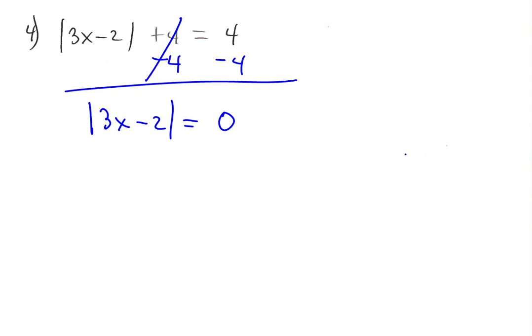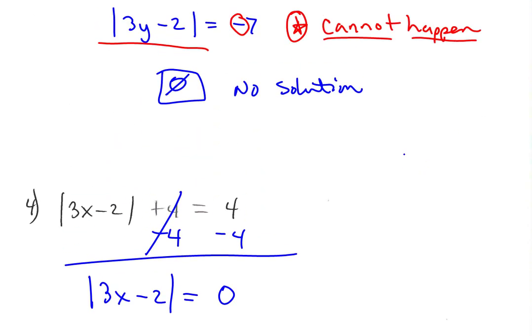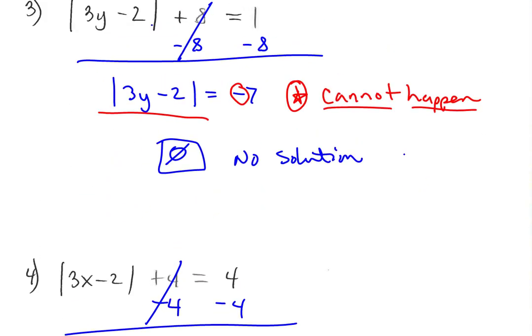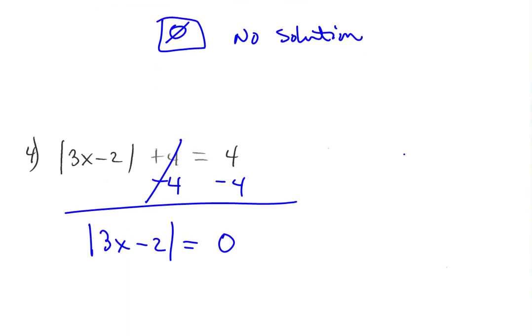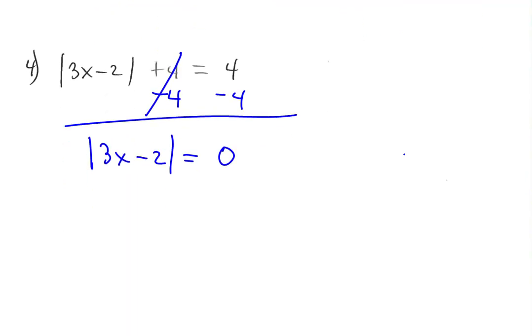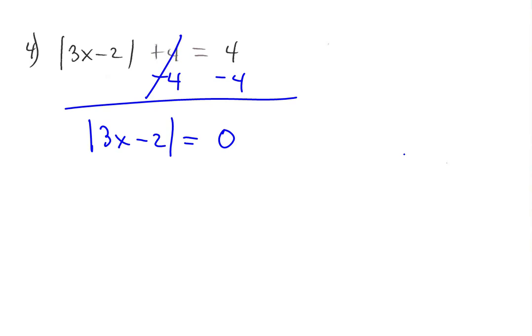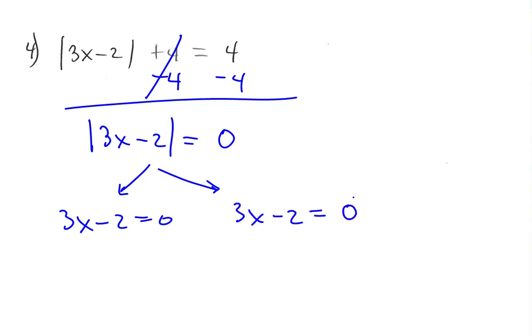Now, in the previous example, we said there was no solution because the absolute value could not equal something negative, and that's true. But in this case, we have the absolute value equal to 0. That's actually okay. But notice what happens here. If I were to try to split this one, it would become trivial. I would have 3x minus 2 equals 0, or 3x minus 2 equals 0. There's no way to say positive 0 and negative 0. 0 is not positive nor negative.